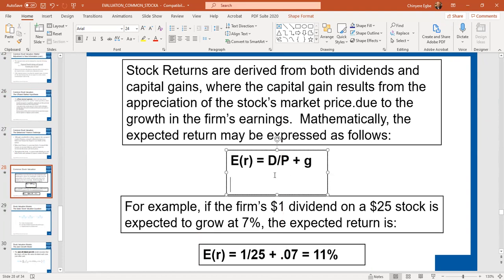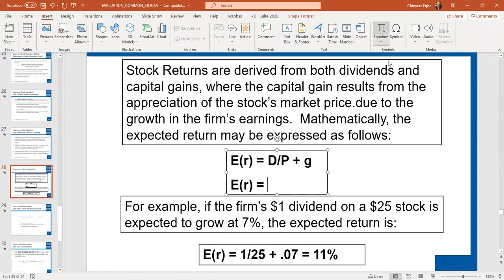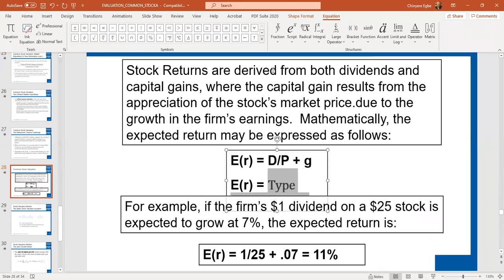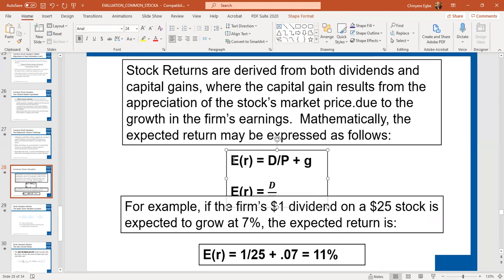So the expected return is equal to, using a normal equation, the dividend over the price plus expected growth.